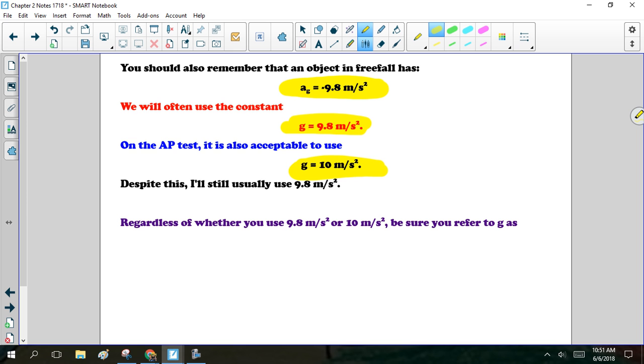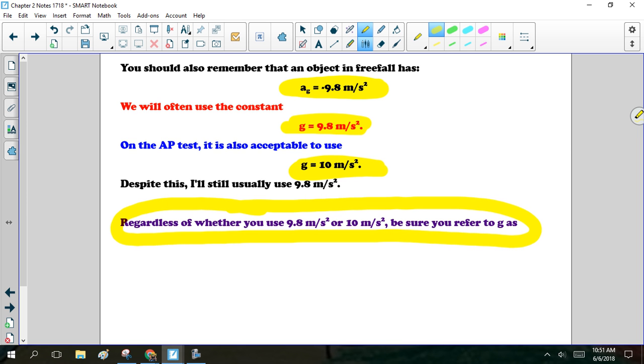Now, this is super important. Regardless of whether you use 9.8 or 10, please make sure you refer to g as what? What does g stand for? If you just said gravity, that's half of an answer. If you said force of gravity, that is wrong, because meters per second squared doesn't measure force.